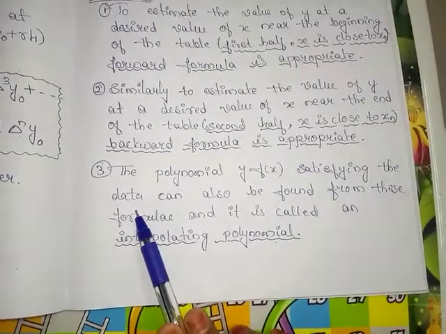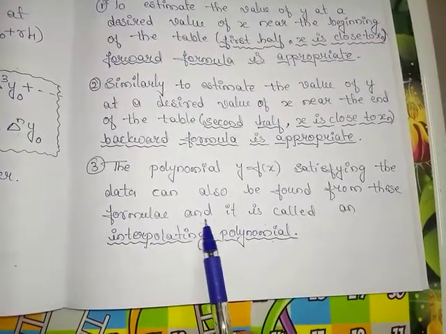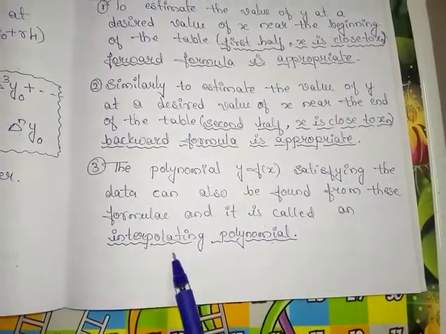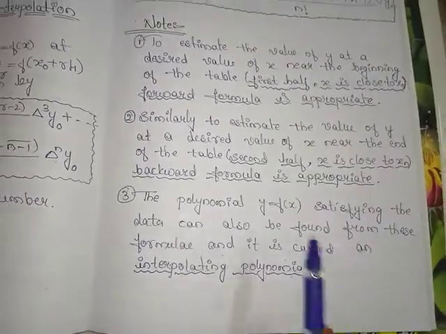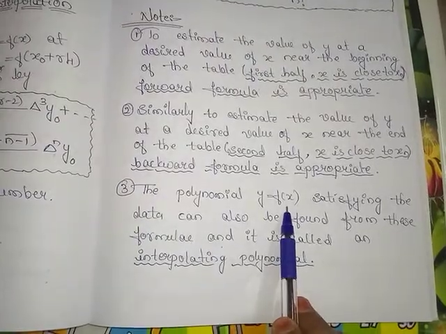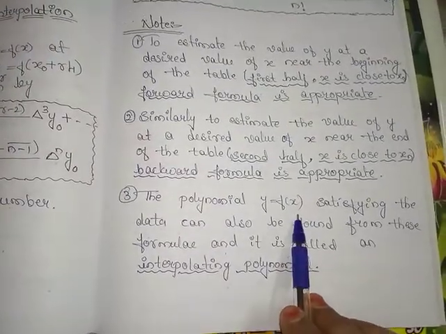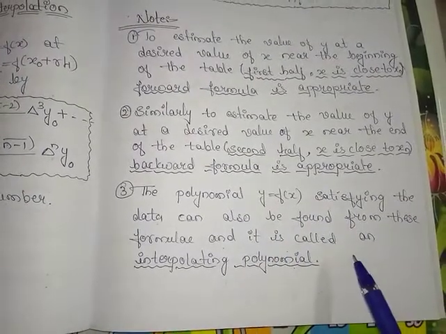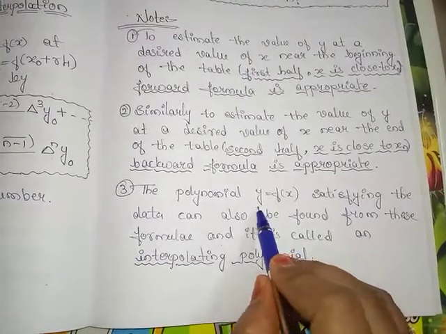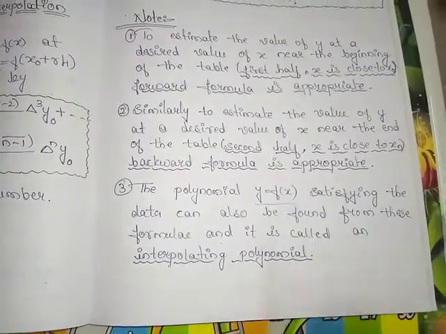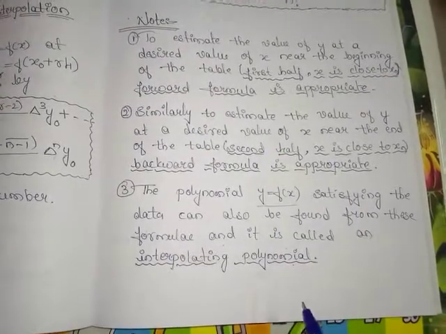Means if they are given a polynomial and some values of x, you have to find the value of y, and those values satisfying this polynomial are also calculated by using these two formulae.